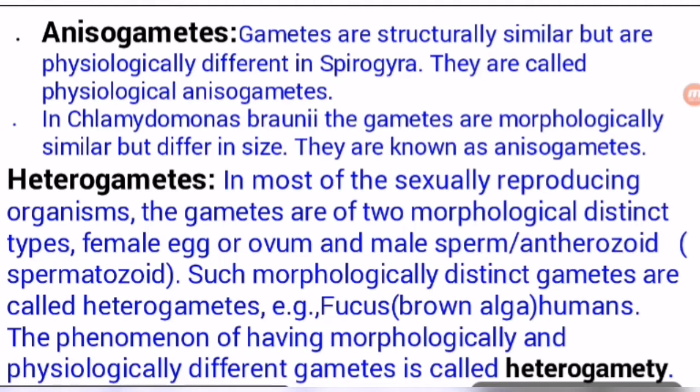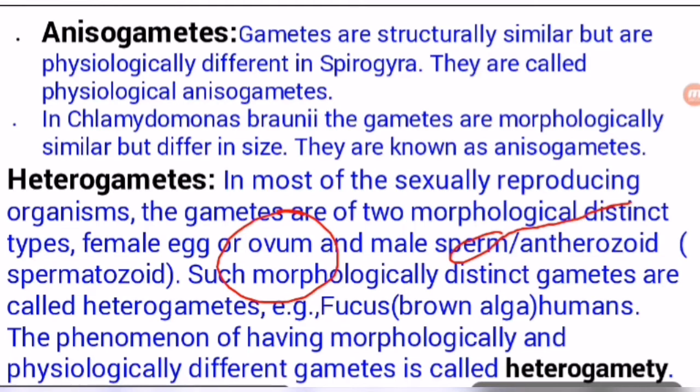Hetero means different, gamety means gametes. When two gametes are totally distinct, totally different in size, structure and physiology, these types of gametes are known as heterogametes. In humans, ovum and sperm are totally different, so these are heterogametes.